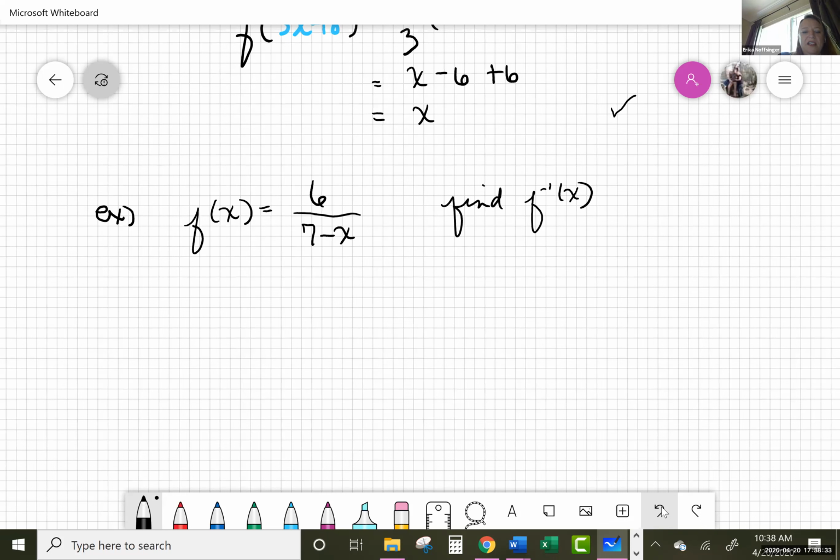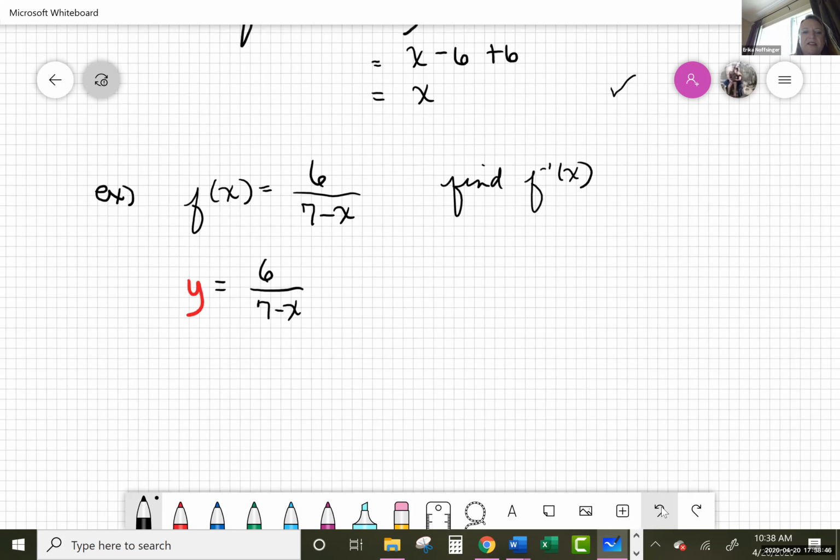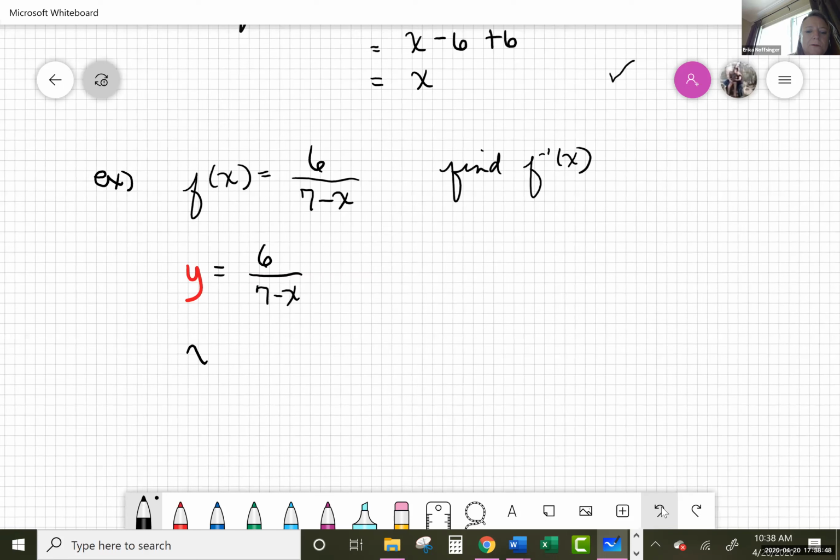Okay, so again, first thing you do is rewrite it as y equals instead of the function notation. You're going to swap your x and y values. Instead of y equals, it's now x equals 6 over 7 minus, replace x with y. Now we're solving for y.